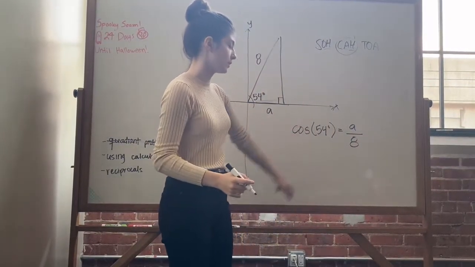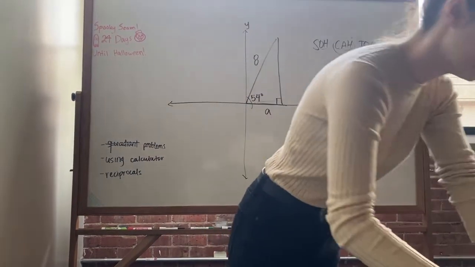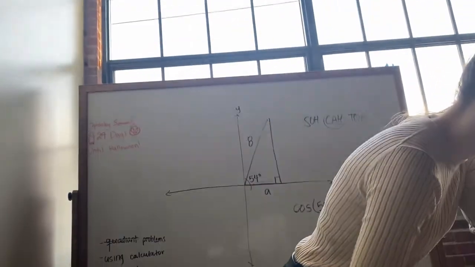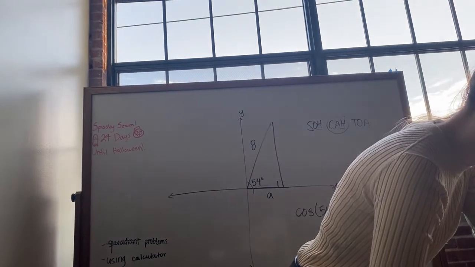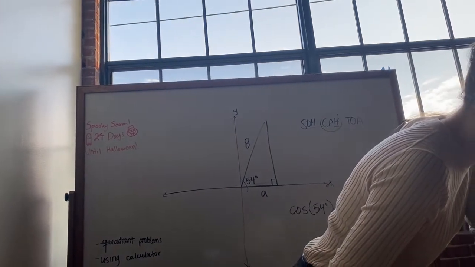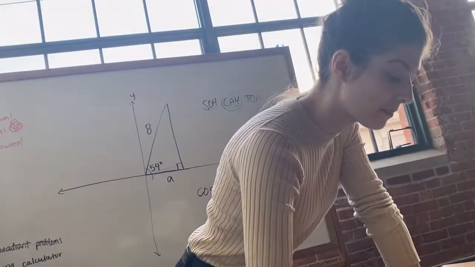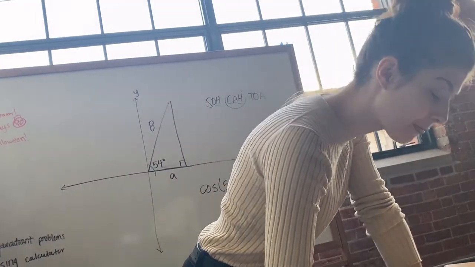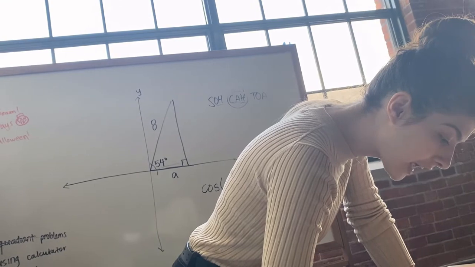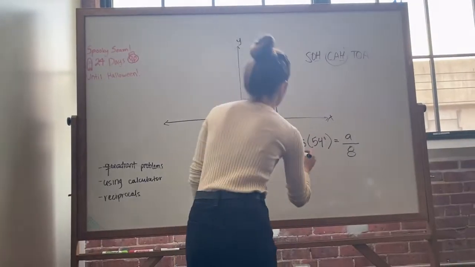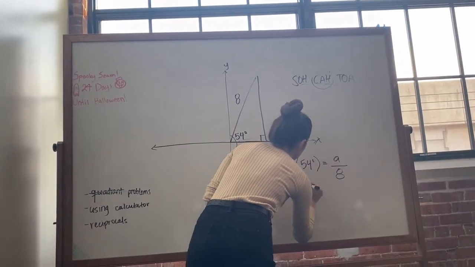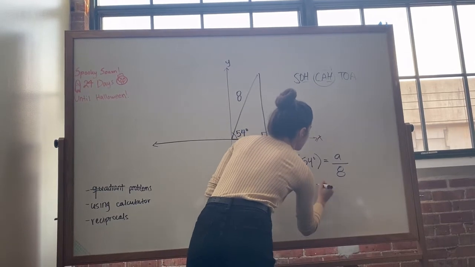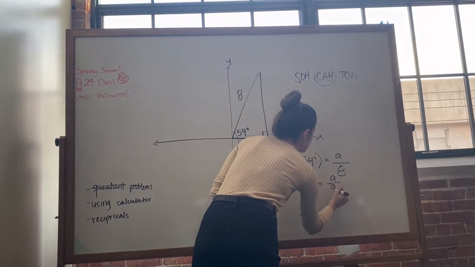And again, we can just plug that into the calculator. So cosine of 54 degrees. I want you to try this out on your own. I'm not going to show you because it didn't focus last time, so there's no point. 0.588. Perfect. 0.588 equals A over 8.